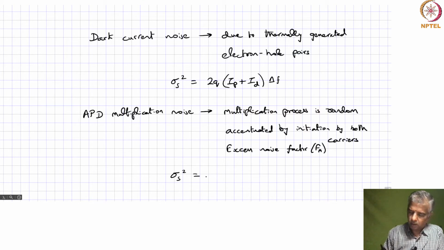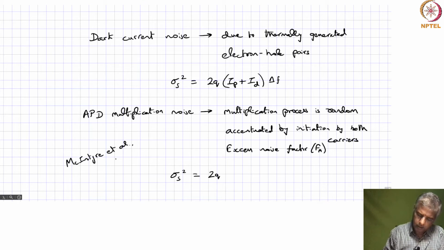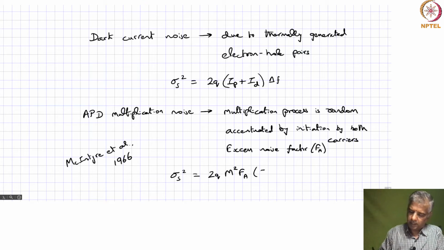So when we look at all of this, this has been discussed in a fairly old paper from 1966, I think it's McIntyre et al., who had actually looked at the noise in an APD, and what they had reported was the noise would correspond to 2q times M square FA multiplied by IP plus ID, that's the dark current noise, multiplied by delta F.